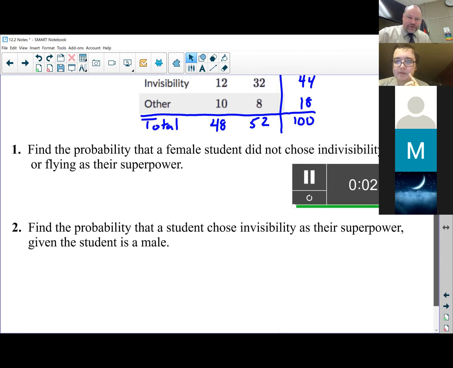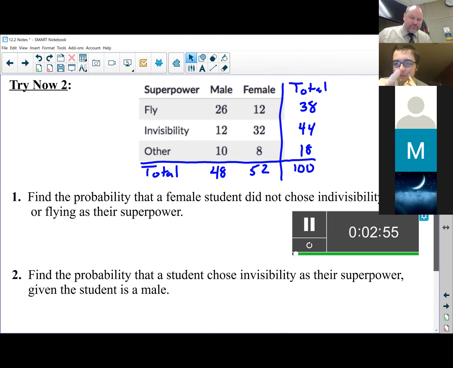All right, and I'll put it back so you can see the whole table again. And I'm going to turn off my video and my sound.